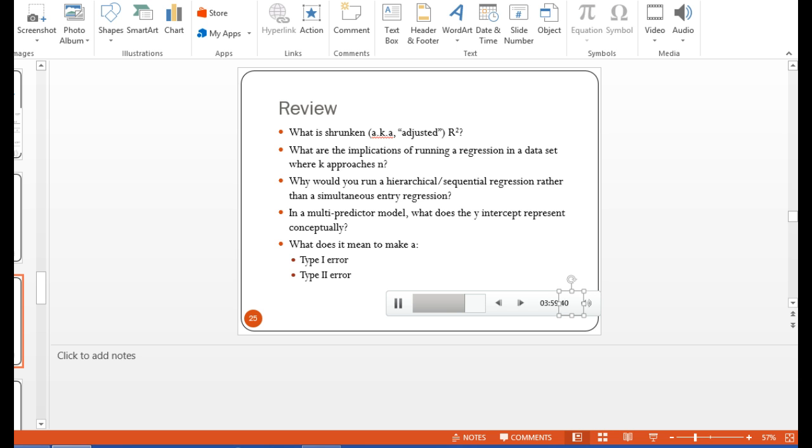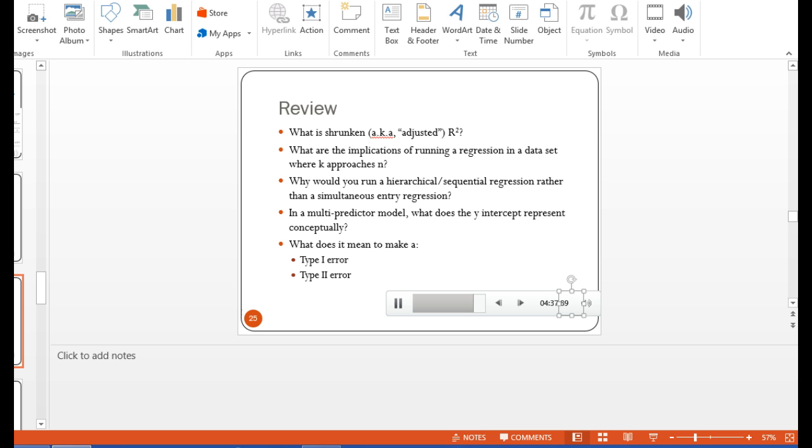Okay, so we would add those in a simultaneous entry method way, and we would just look at the beta weights to determine if our new therapy explained unique variance and was more important to predicting the DV than was the previous levels of depression the person experienced. So simultaneous entry is simpler. I like it because it's simpler and a little bit easier, but the hierarchical gives us more information along the way and gives us those incremental changes in R-squared that we are interested in.